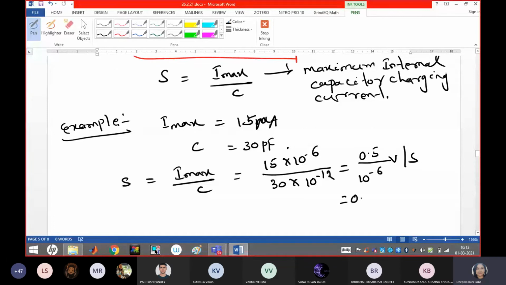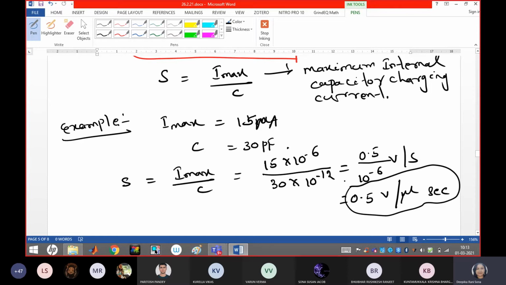If I write it, it is 0.5 volt per microsecond. So the slew rate is also represented in terms of volts per microsecond, and with this given data of 15 microamp and 30 picofarad, the slew rate will become this value.